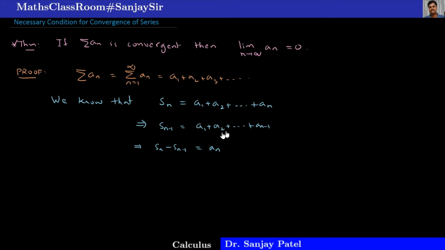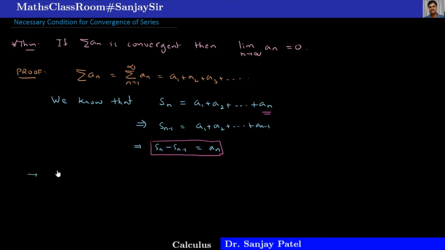All these terms will be cancelled, only the term an will be left, because this is the sum of a1, a2, a3 up to an minus 1 and an. So Sn minus Sn minus 1 is the nth term of the sequence an. And that we are finding because we want to find the limit of an, and to prove it is 0.